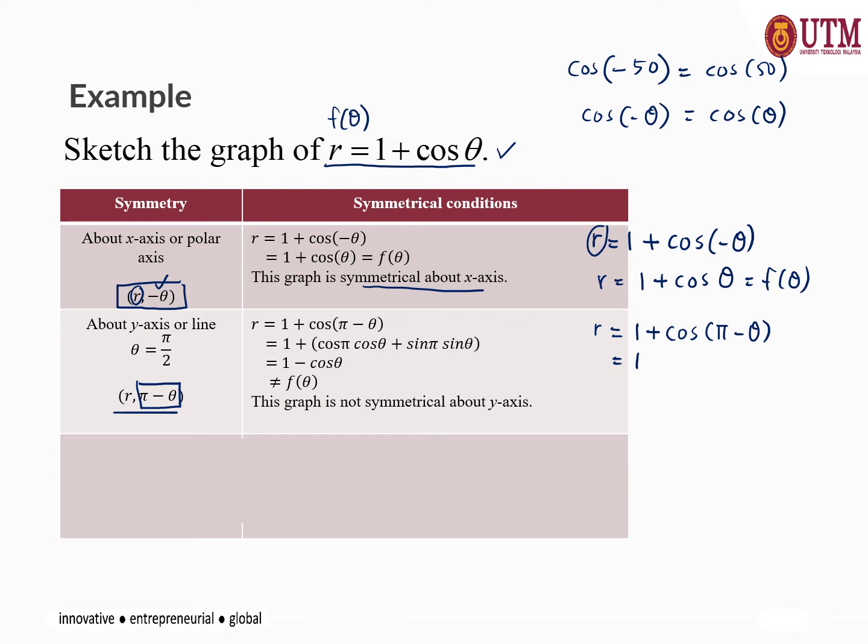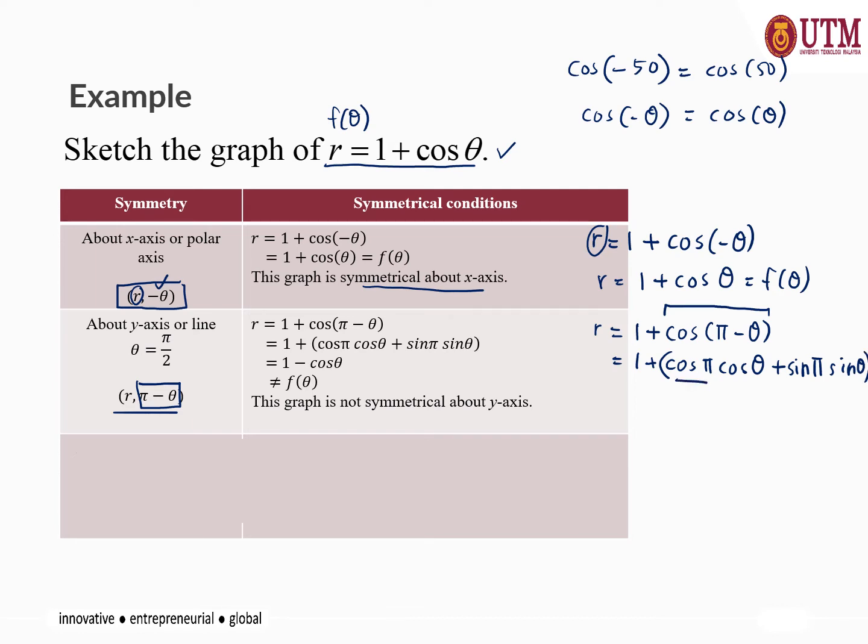Then you can see here, using the trigonometric identities, we can refer to the list of formulas, where this one would be cos pi cos theta plus sin pi sin theta.